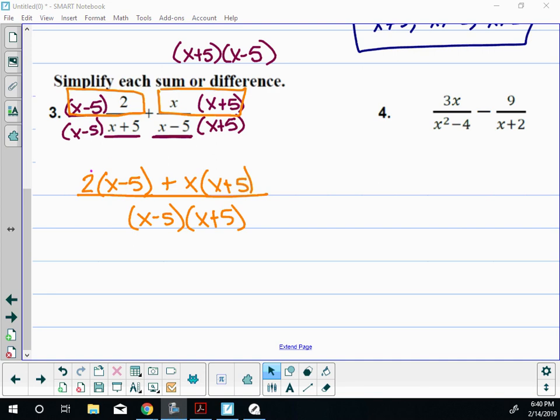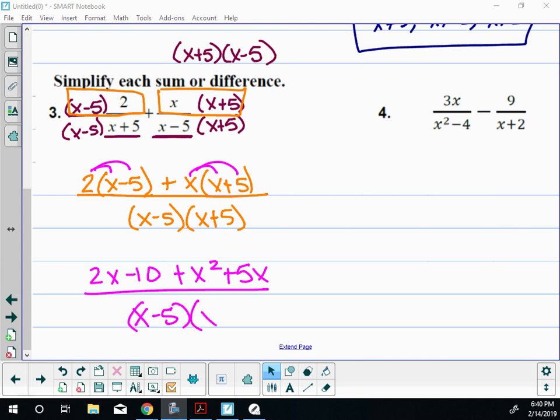Then you're going to distribute the 2 and the x. So 2 times x minus 5, 2x minus 10 plus x squared plus 5x all over x minus 5 times x plus 5.